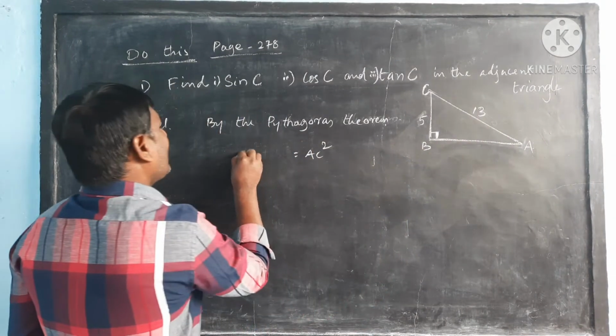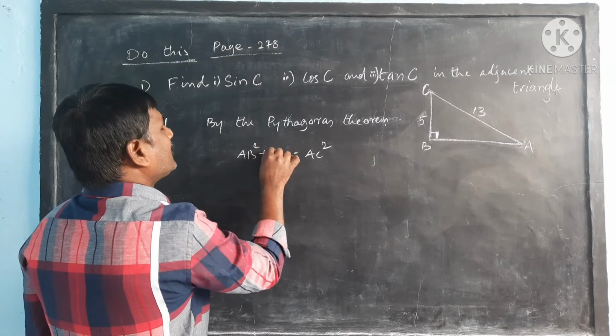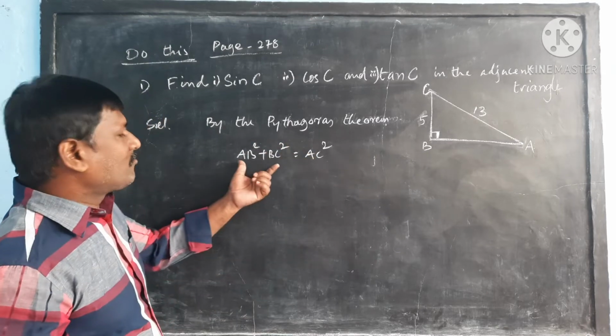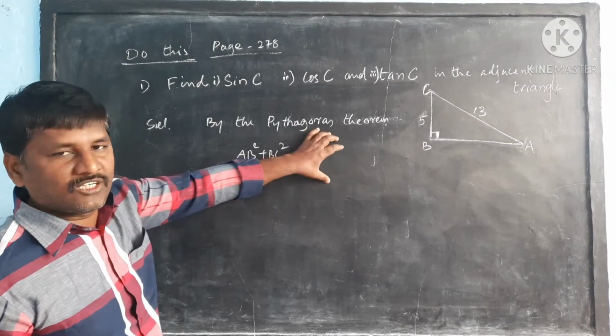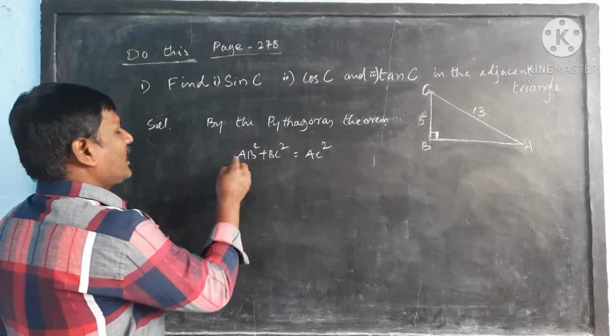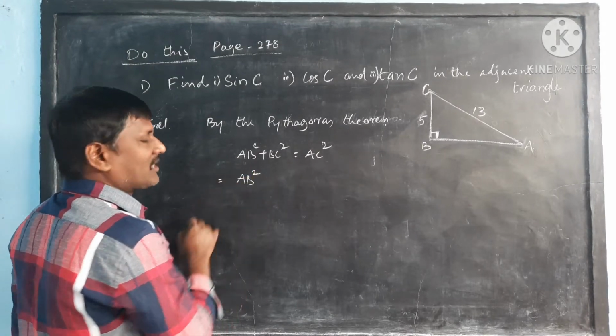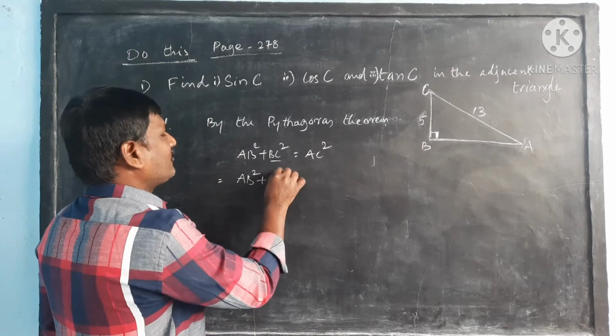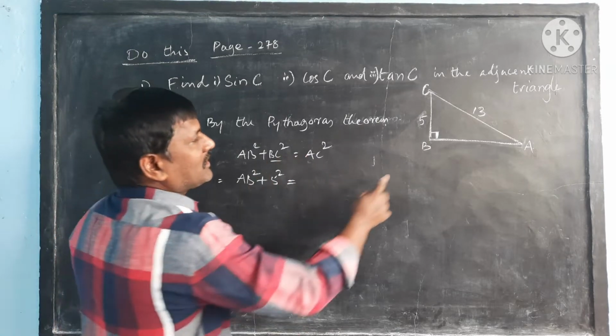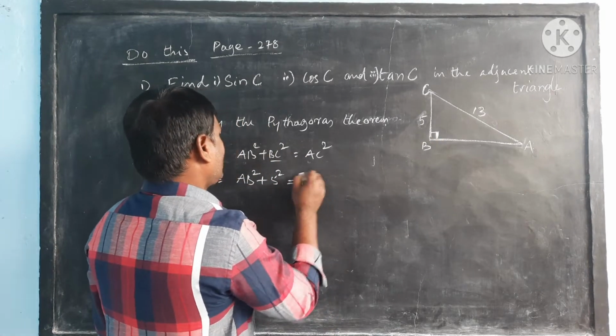That means AB square plus BC square. So the sum of the squares of other two sides is equal to the square of hypotenuse. This is Pythagoras theorem. From this we can get AB, means you have to find, keep it same, and BC means it is given that 5, you can write 5 square, is equal to AC means it is given, that is 13 square.